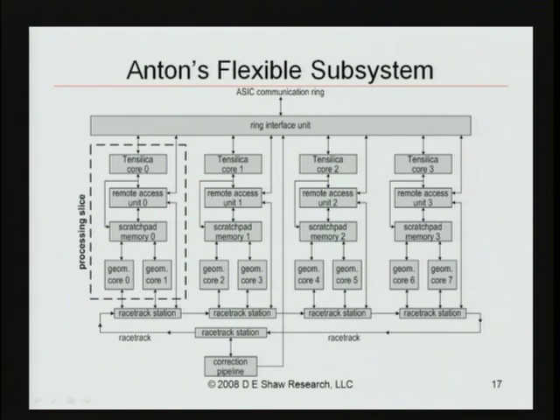Now, popping back up, this is the flexible subsystem. The flexible subsystem consists of 4 parallel processing units that are identical, each one of which has a Tensilica processor core that's used for control, a remote access unit, which is essentially a DMA engine that moves streams of data from remote buffers into local buffers, a scratch pad memory that is the local buffer, and 2 geometry calculators or geometry cores, which are SIMD processors that are specifically oriented for doing geometrical calculations, dot products, cross products, etc. So the box in the square is one of these, and then you have 4 of them in parallel just to get enough throughput.